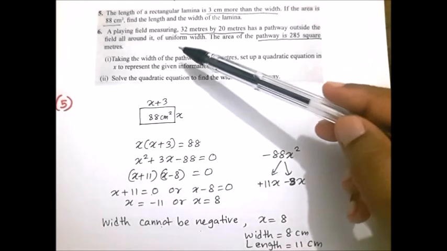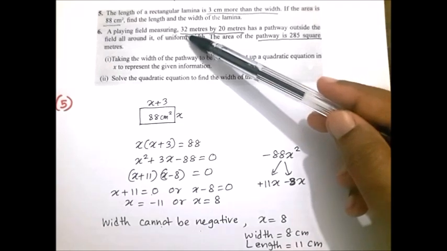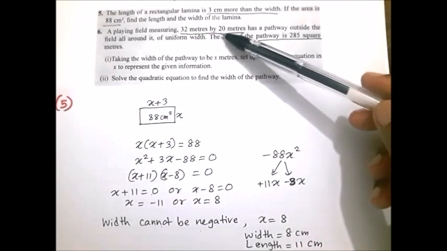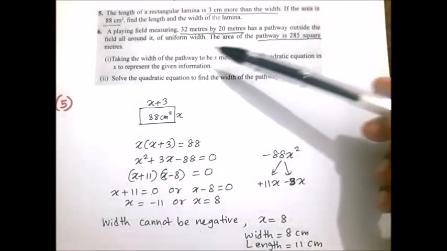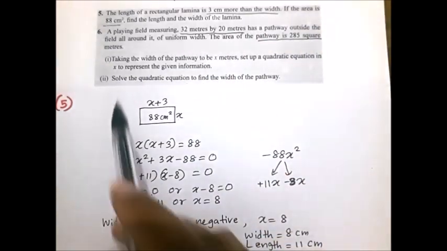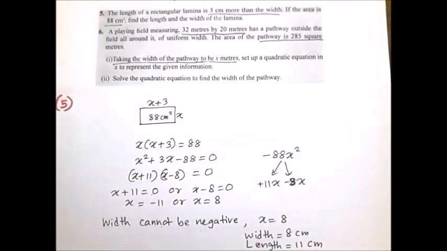The playing field should be a rectangular shape, and you can take this one as length 32 meters and breadth 20 meters. Taking the width of the pathway as x, set up a quadratic equation and find the value of x.